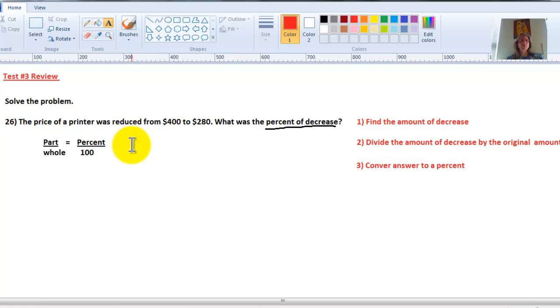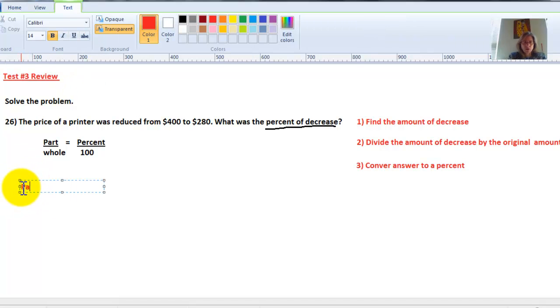So let's work on the problem. I'm going to solve it using this one first. So I'm going to put in the part, which is the amount of decrease is the part. Let's type that in. Part equals amount of decrease.